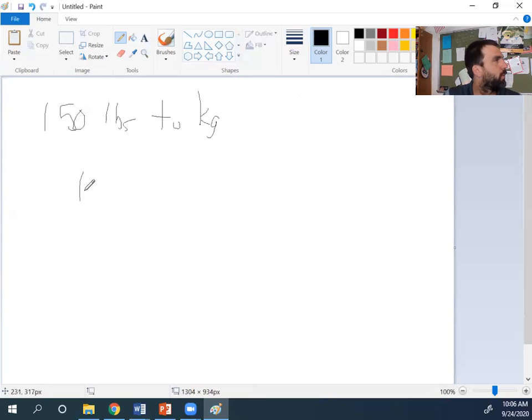So I take what I know, put it over 1: 150 pounds over 1 times, what unit's going on the bottom? Pounds. If you look at that sheet, there is a direct conversion between pounds and kilograms, okay?